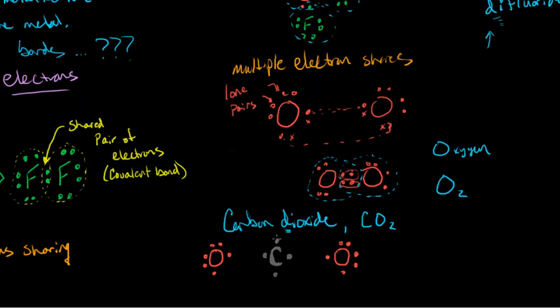How many spots does carbon have to bond? 1, 2, 3, 4, right? How many spots does oxygen have to bond? 2 and 2, right? So this one has 2, this one has 4, this one has 2.